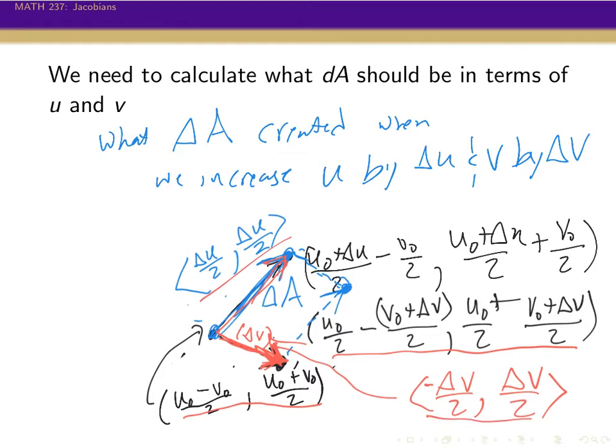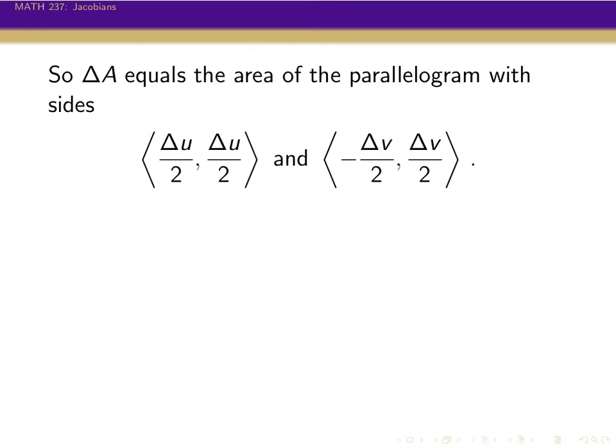Okay, so delta A equals the area of the parallelogram with sides (delta u over 2, delta u over 2) and (minus delta v over 2, delta v over 2). And we've done this problem before, how to get the area of a parallelogram. If you remember, this area, delta A, we could get through a determinant. Since these are only in two variables, we just put in zeros for the z components.